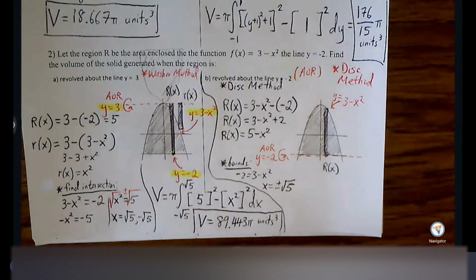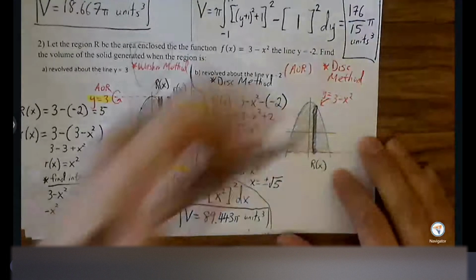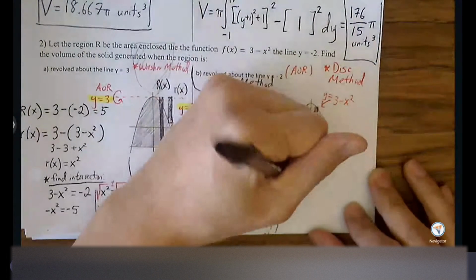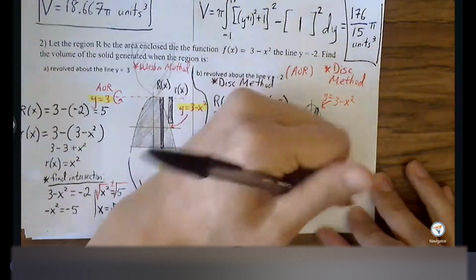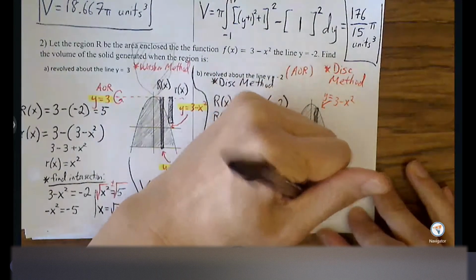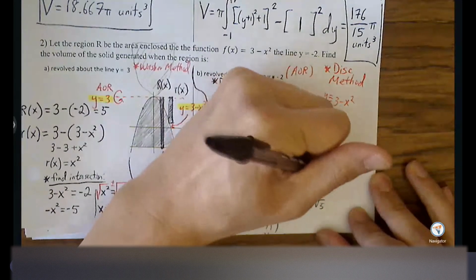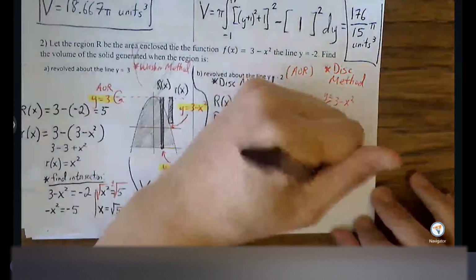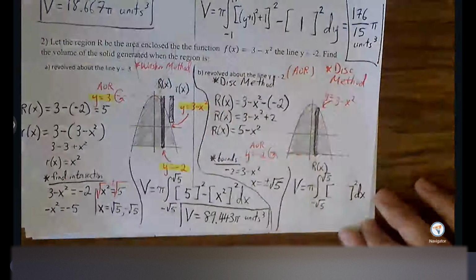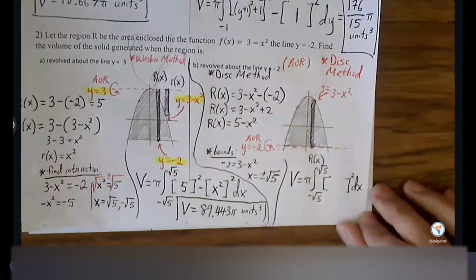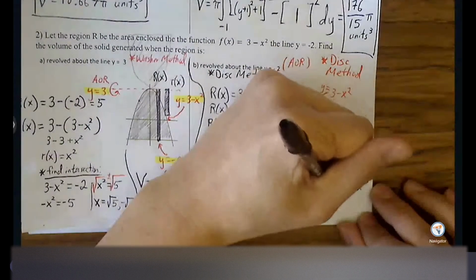Okay. Good. All right, so volume, pi integral, -√5 to √5. All we need is big radius squared, since we're doing this method, and we'll just insert the radius into our formula there.